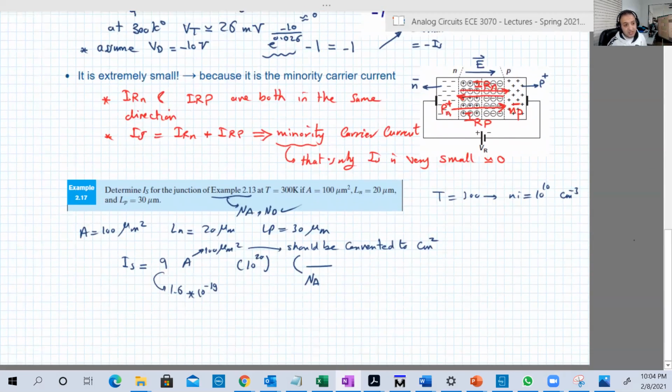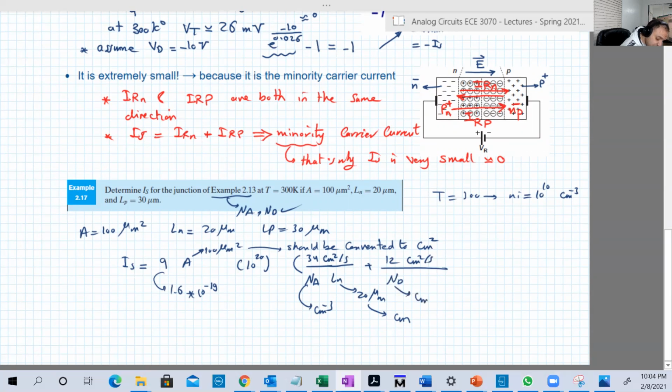Dn, since this is silicon, Dn is 34, and remember, this is centimeter squared per second. And Na was in per centimeter cubed. So you must convert the Ln, which is 20 micrometers, to centimeters. Plus Dp, which is 12 centimeter squared per second, over Nd.